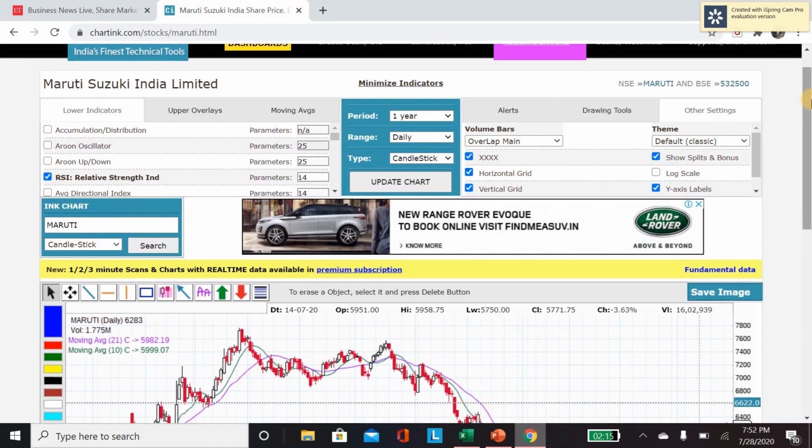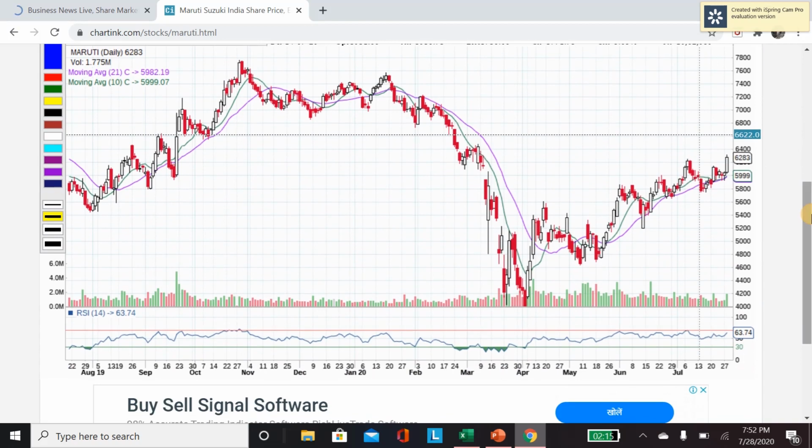Now just see, in the same period we have a second entry, that is here, as our RSI was at 30, meaning the oversold zone. We have to enter here and book our profit when the RSI reaches 70, like here. Now just see, entry was 4190, and exit, when we have to book the profit at 70, right?